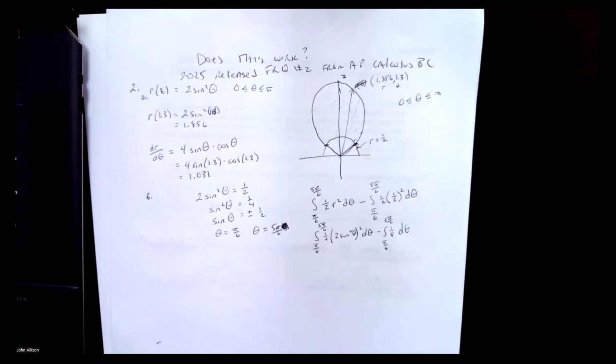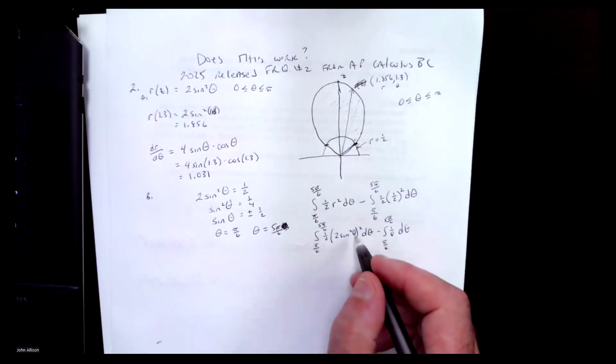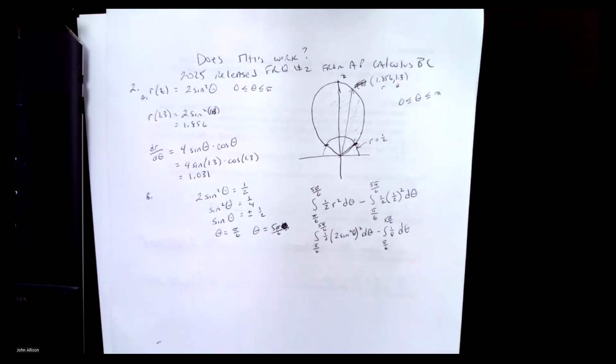Go to integration. And I'm going to do pi over 6 as the lower limit, 5 pi over 6 as the upper limit. Then inside the integrand, let's just type it in here like this.